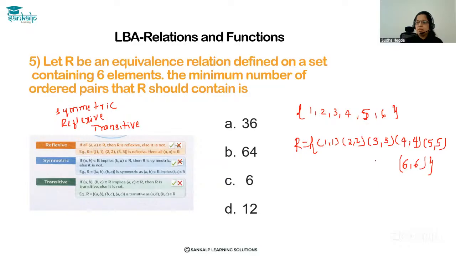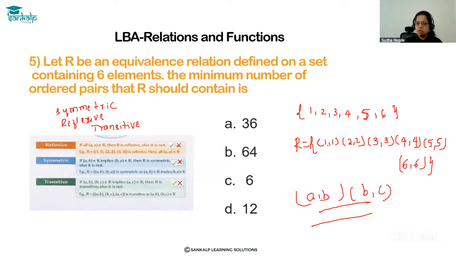Symmetric: you can take these 6 elements only. (1, 1) belongs to R implies the reverse is also true. Transitive: if you don't take such pairs, that is (a, b), (b, c), then you have to assume it as transitive. Therefore, it's reflexive, it's symmetric. Since such pairs are not there, it is transitive also.